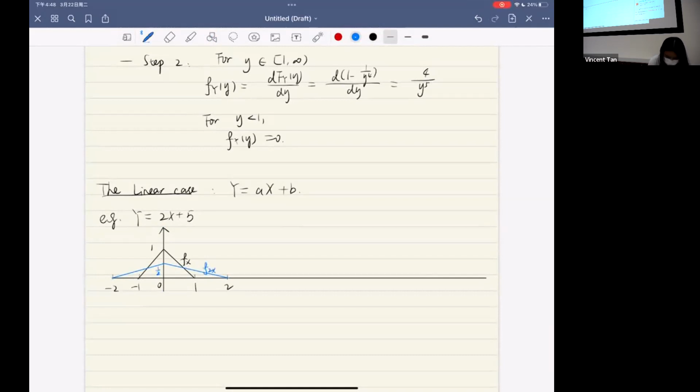The PDF of 2x. And then by adding 5, we just move the PDF to the right by 5. 1, 2, 3, 4, 5, 6, 7.